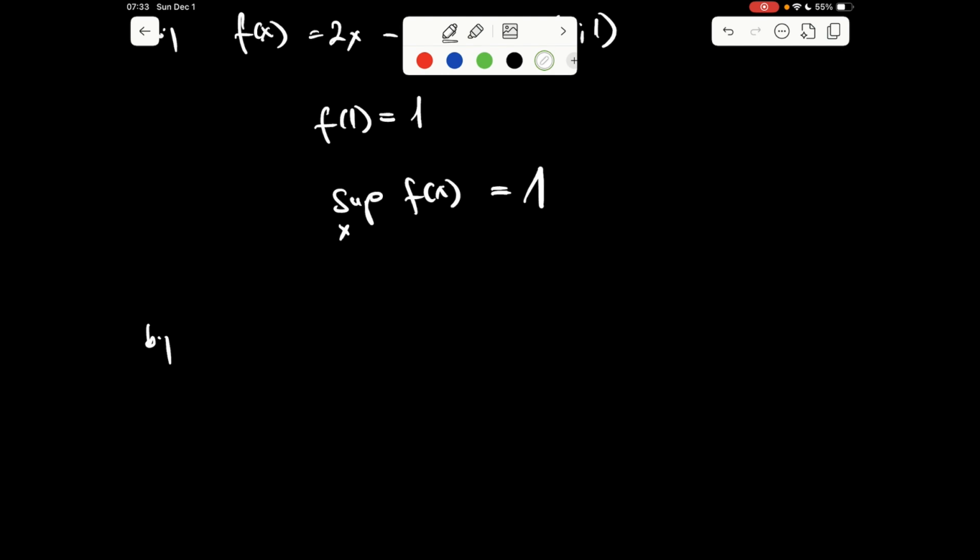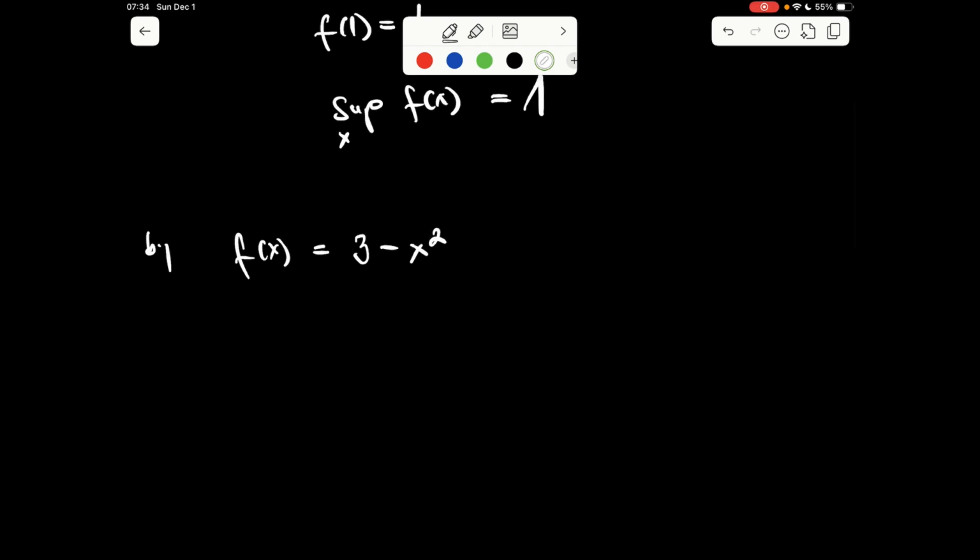In problem B, we have a quadratic function with the leading coefficient as a negative number. So the leading coefficient is negative, and the domain is unrestricted. So we work on the whole real line.